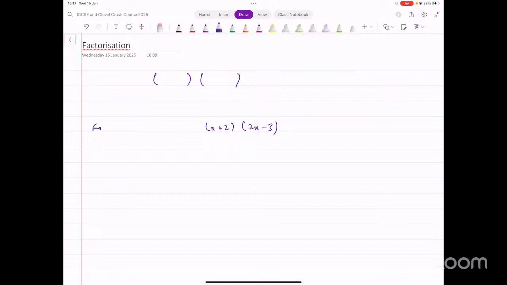Let me write it down here. When you have things multiplying like this, the form is called a factorized form. And when you have the same thing expanded with no brackets multiplying, that's called the expanded form or simplified form.